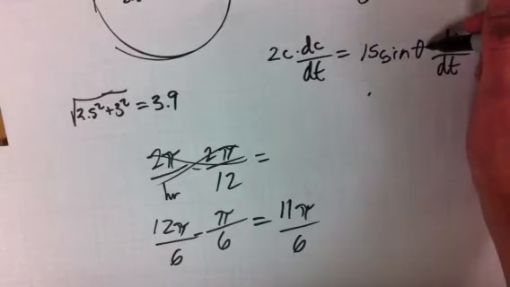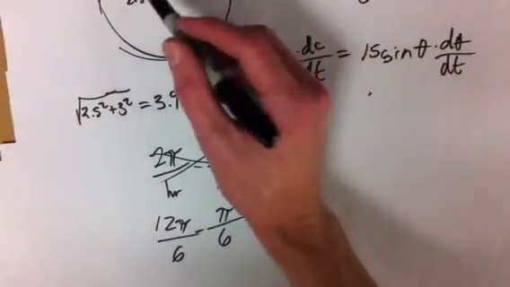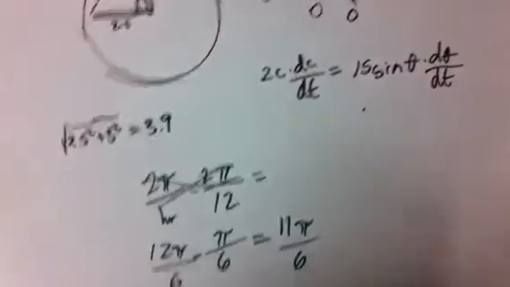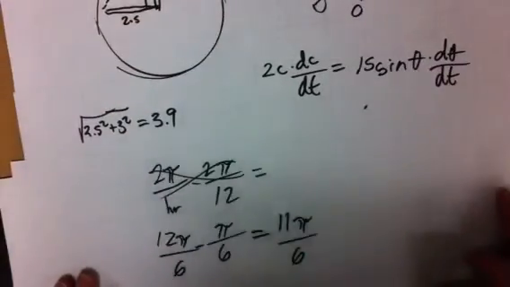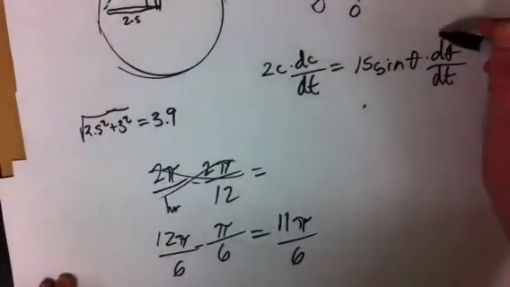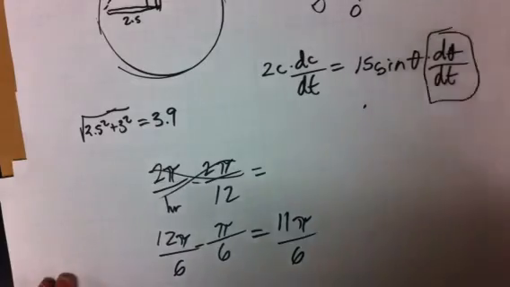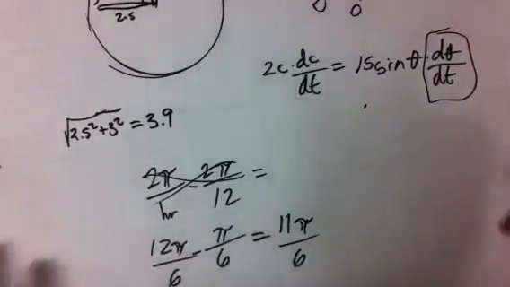We know theta at 9 o'clock is simply 90 degrees, or pi over 2. So that leaves us with the only variable left, and that's the change in the angle, and that's what we're looking for.